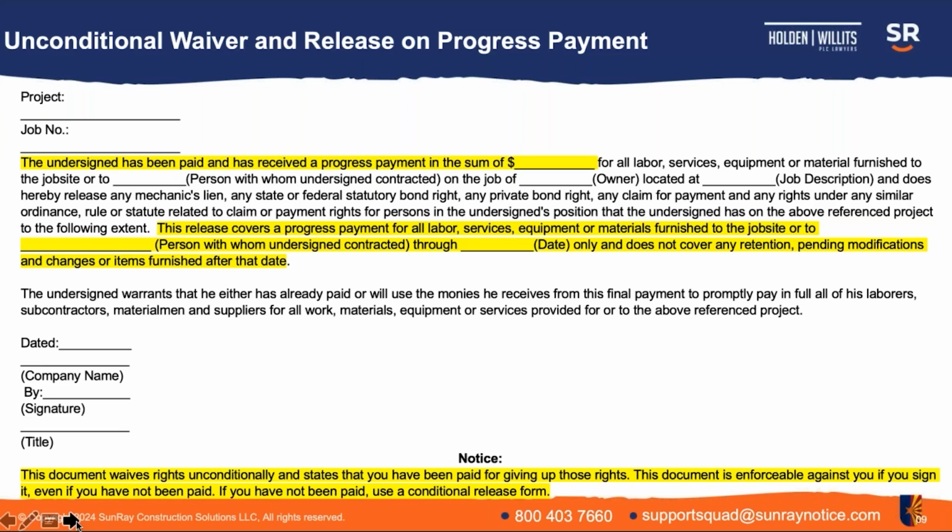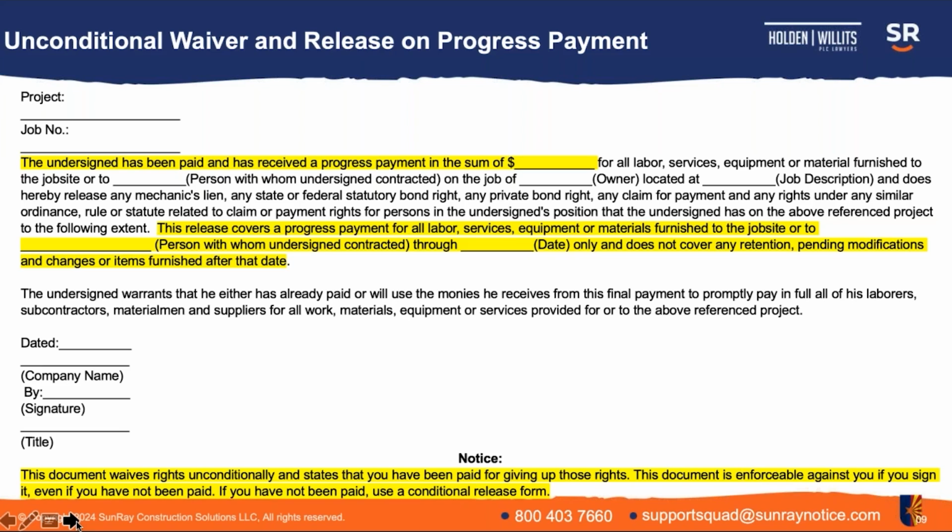And again, as I mentioned earlier, the way it typically works, and most folks in the industry are aware of this, is that when you submit your first payment application, your first invoice, you're required to submit lien waivers. With that first payment application, you'll submit a conditional saying, hey, I've done work through this period of time, I'm entitled to this amount of money, and once I've received that payment, then I'll be releasing my lien rights through that period of time.